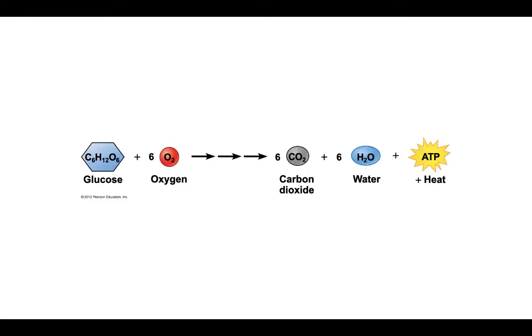As previously mentioned, the overall process of ATP production starts with the organic compound, glucose, C6H12O6. With the addition of oxygen molecules, the glucose will proceed to form carbon dioxide, water, and ATP.